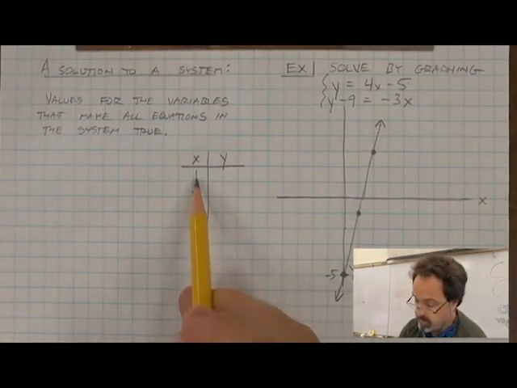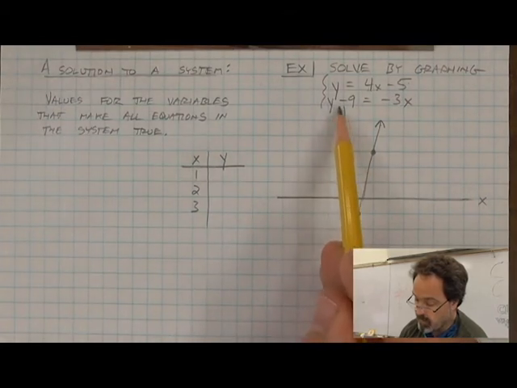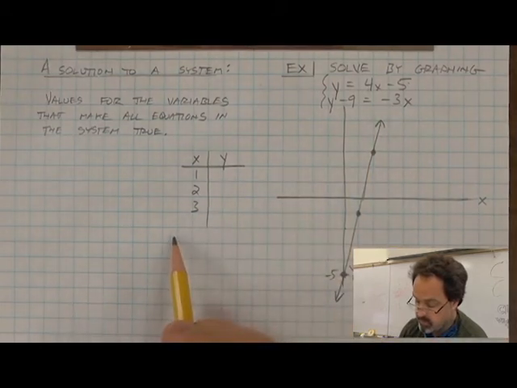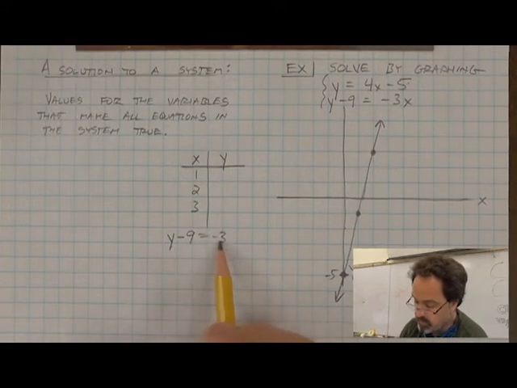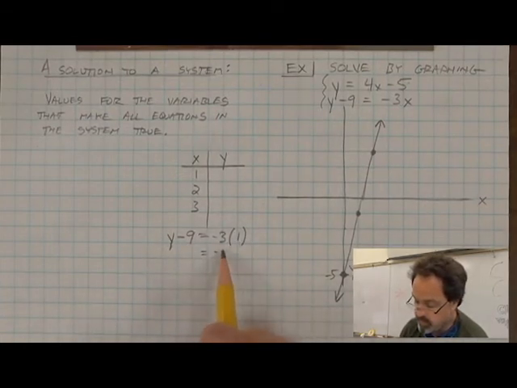If I choose x is equal to 1, I'm going to do a side problem, rewrite this equation, but substitute 1 in for x. Here's my side work. Rewriting the equation, y minus 9 is equal to negative 3 times my choice for x right now, which is 1. I'm going to solve for y by simplifying this. Negative 3 times 1 is negative 3.